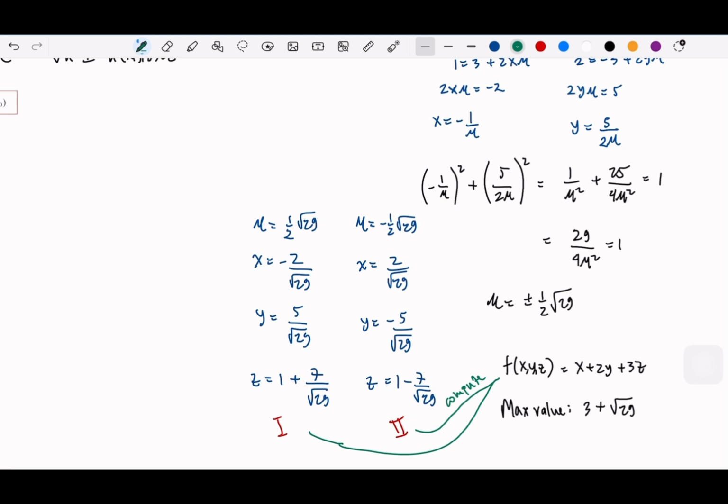Maybe we can try one or two examples or from the textbook exercise. Okay, I think we can try some exercises, right? I think we can start from a simple one and then the one that's a little bit complicated.